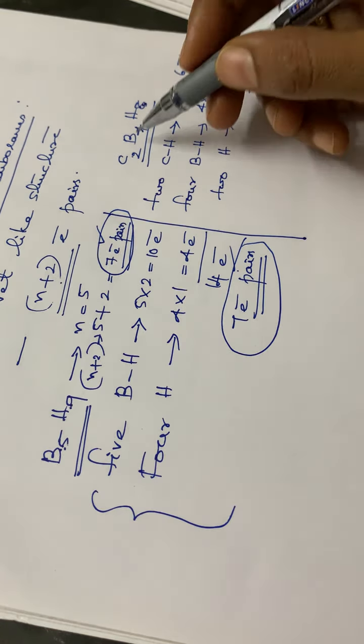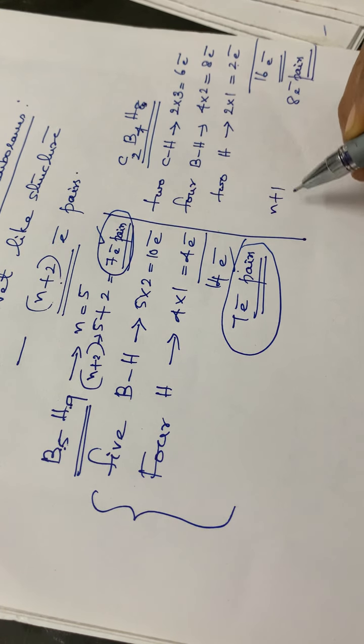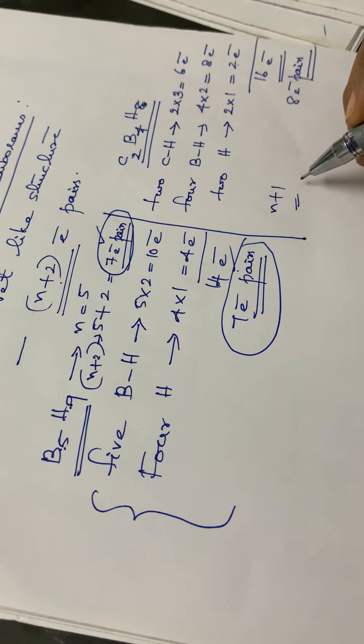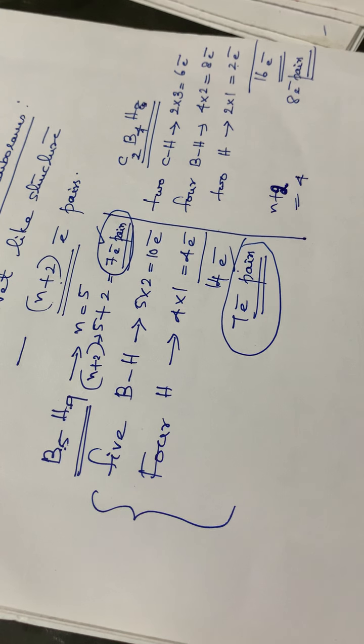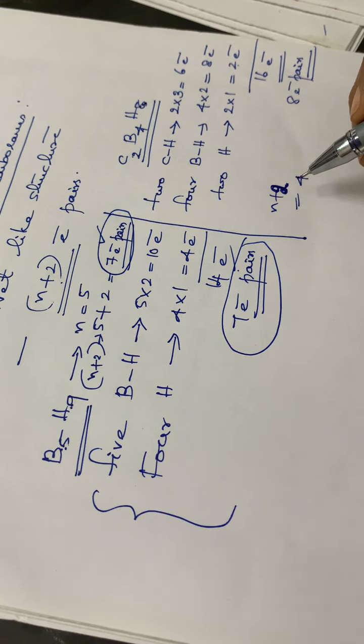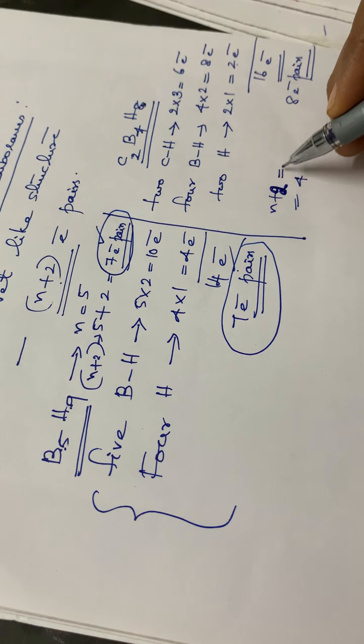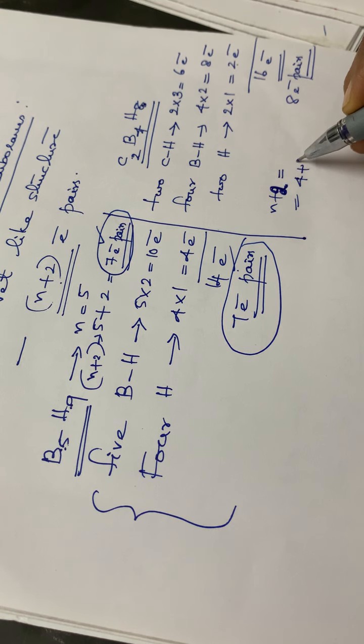Now you have to apply the formula also. N is equal to the number of borons plus the number of carbon atoms. Sorry, this is a nidocarborane, so the formula is n plus 2.